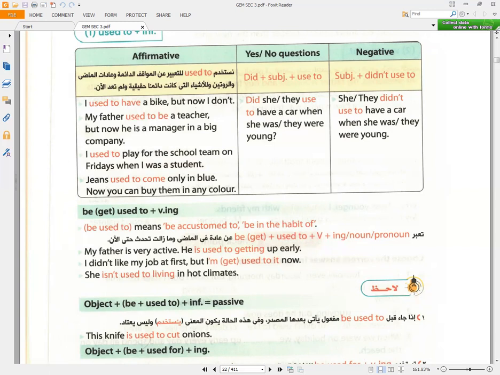So when I say I am used to living alone, that means it's not strange for me. I'm accustomed to living alone. But when we say I'm getting used to living alone, that means I am adapting. It's a changeable situation.